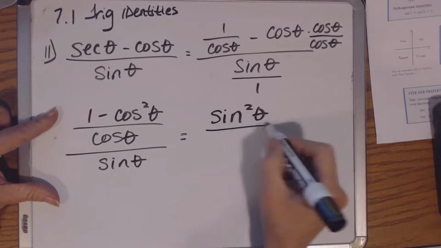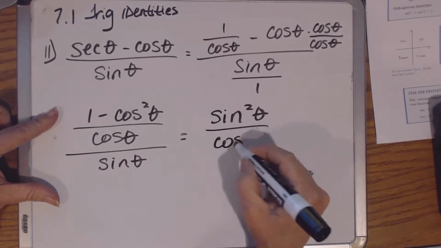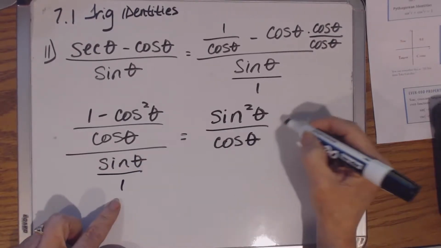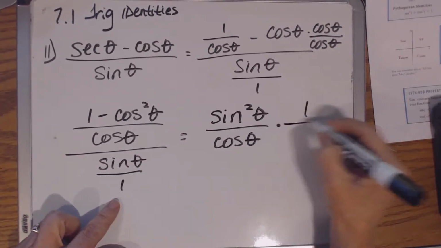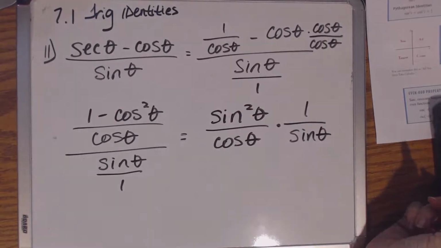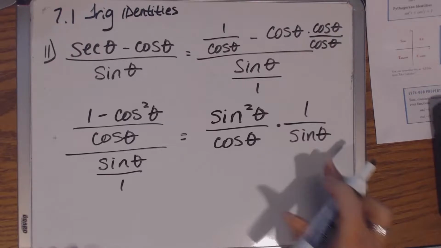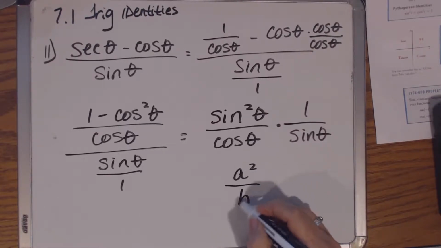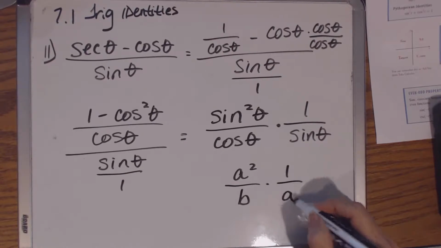That comes from sine squared plus cosine squared equals 1. So sine squared theta over cosine of theta, and now I'm going to flip and multiply this times 1 over sine of theta. Okay? And now this becomes as simple as saying a squared over b times 1 over a.